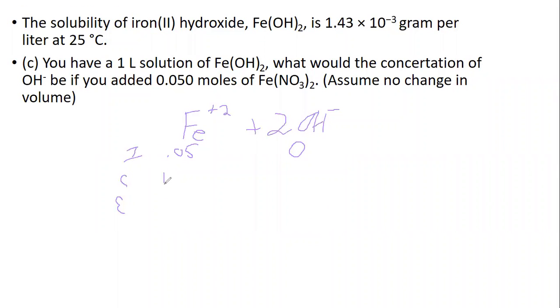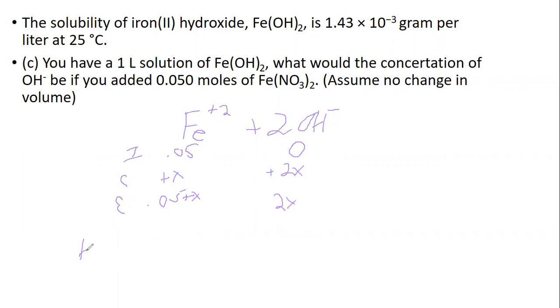This is still going to go up the same way, plus x. This goes up by plus 2x. And then at equilibrium, this is 0.05 plus x, and this is 2x. Well, we know that we can write the equilibrium expression for Ksp.